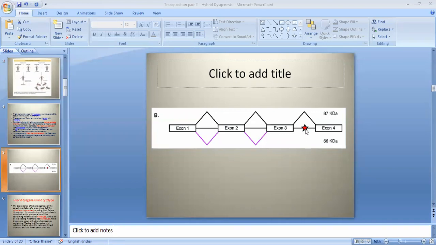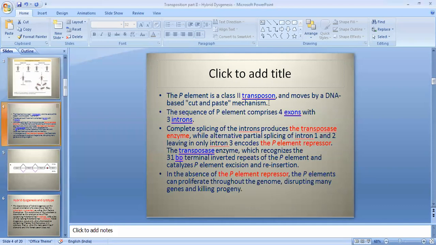Now, the star indicates that a stop codon is present in this third intron. When the nascent mRNA is processed, one of the important processing steps of mRNA is splicing of introns in eukaryotes.